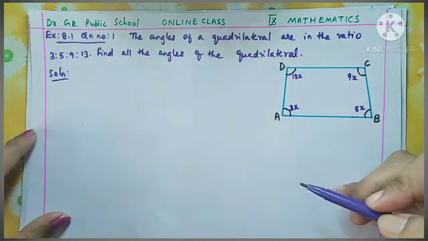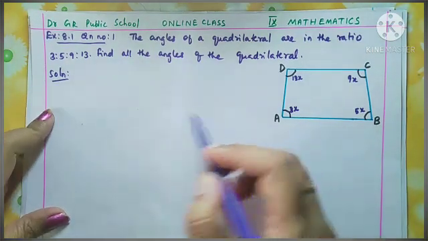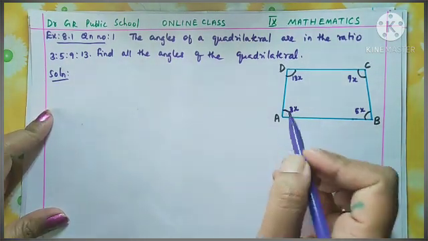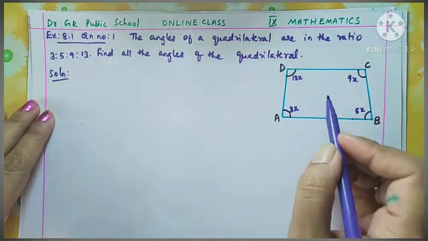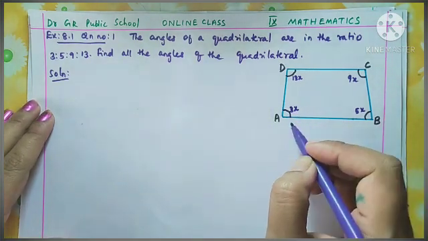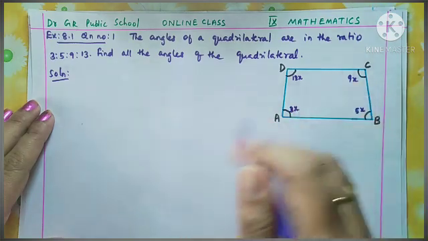Now you know by the angle sum property of a quadrilateral that the sum of the 4 angles is 360 degrees. Using that we can find the value of x, then determine each of the angles.